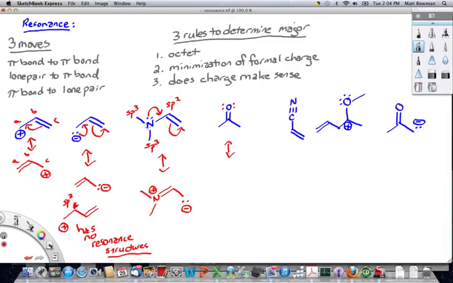Here, the pi bond isn't directly to the nitrogen, it's adjacent to the nitrogen. Here it's directly to the oxygen. When the pi bond is directly to an oxygen or a nitrogen, we move the electrons from the pi bond to sit on top of the oxygen. This is the move. Pi bond becomes a lone pair.